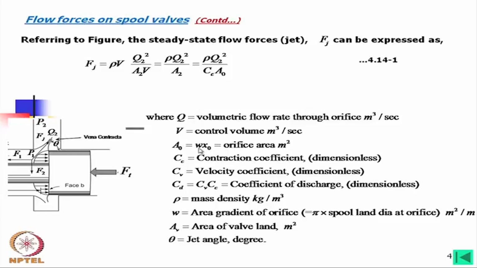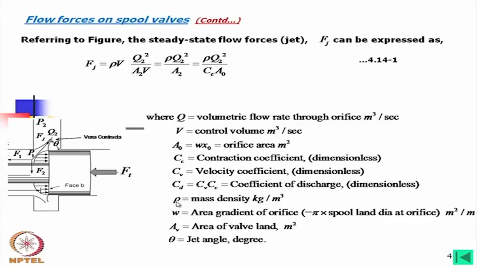Now, here W is the area gradient, that is pi d, and x0 is the motion. In general terms, we have given xv as the motion. This is the general area. Cc is, a better name is, the contraction coefficient, and Cv is the velocity coefficient. Okay. Whereas Cd is equal to Cv Cc, the coefficient of discharge. This means Cc is the area contraction coefficient and Cv is the velocity coefficient.